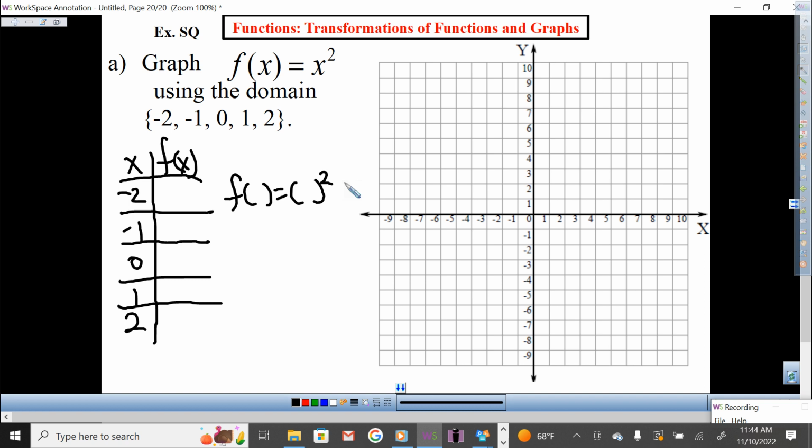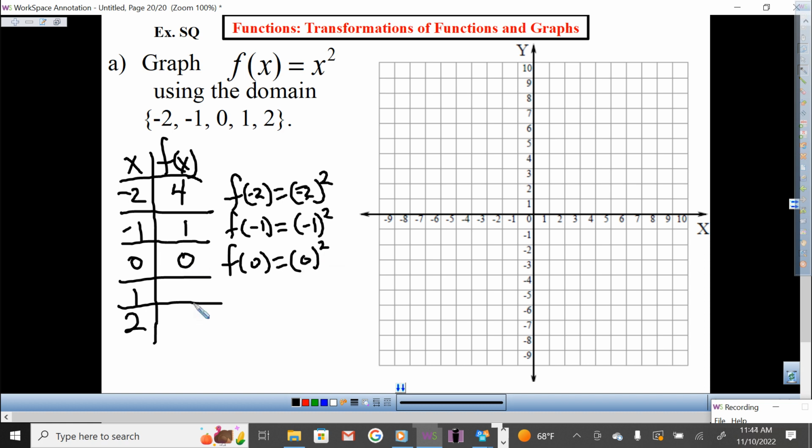All right, here we go. What's my first value? -2. So, what is -2 squared? 4. There you go. Next value, f of -1 is -1 squared. What is -1 squared? 1. F of 0, 0 squared is 0.